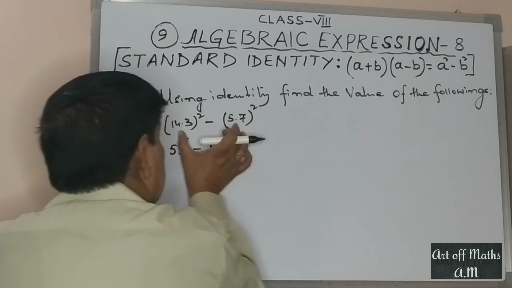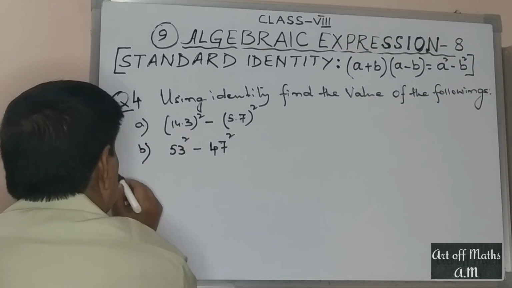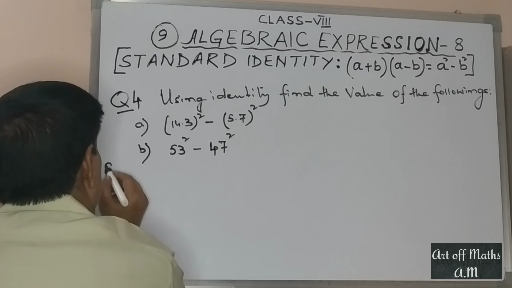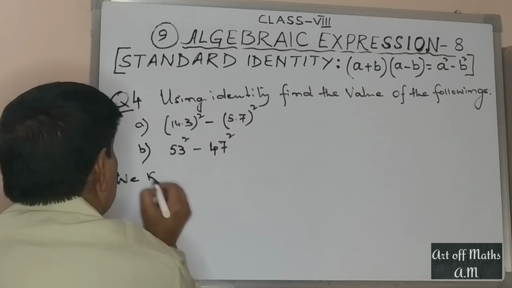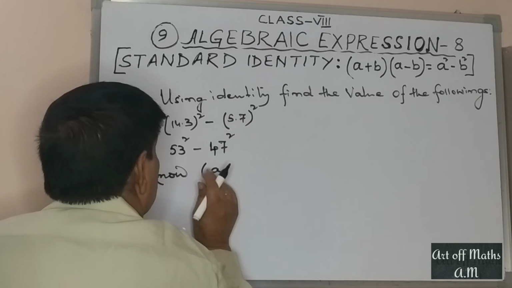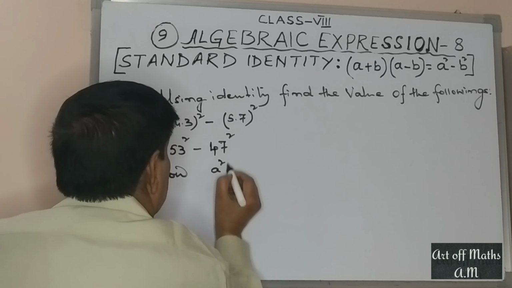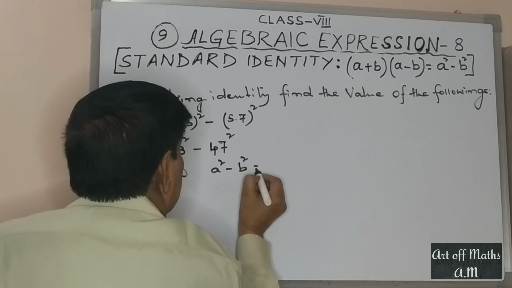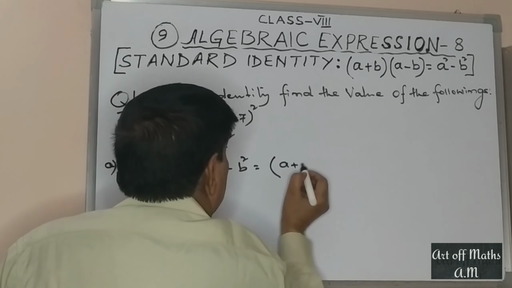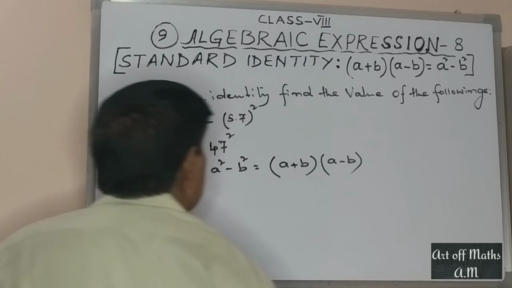Now here, when it is given in this fashion, a square minus b square, so we know a square minus b square equal to (a plus b) into (a minus b).